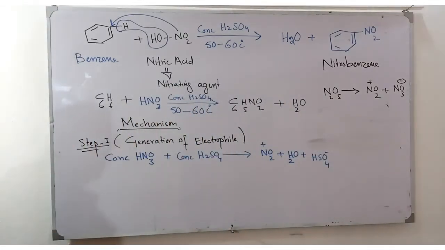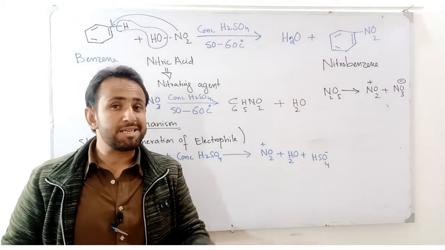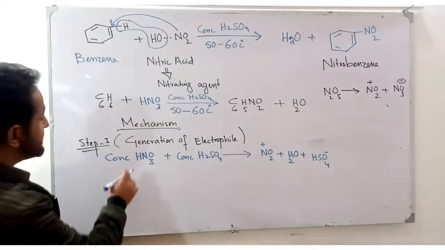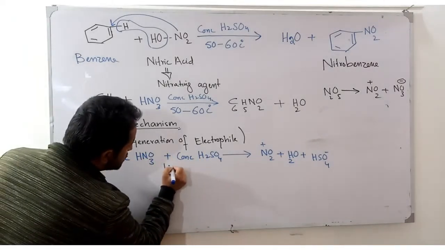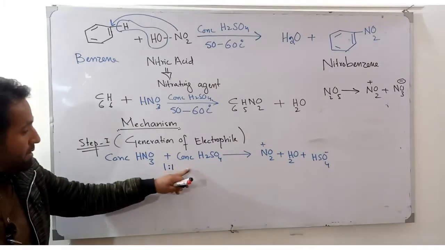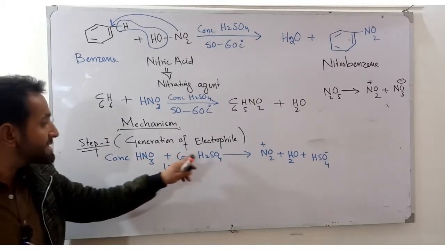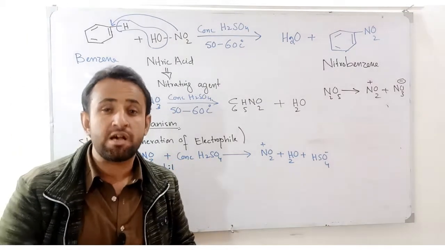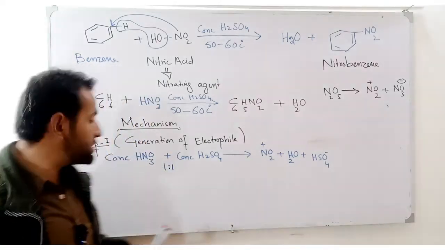Here basically we take the ratio of concentrated nitric acid and concentrated sulfuric acid as 1:1. I mean we take the concentrated nitric and concentrated sulfuric acid in the ratio 1:1 in these reactions.